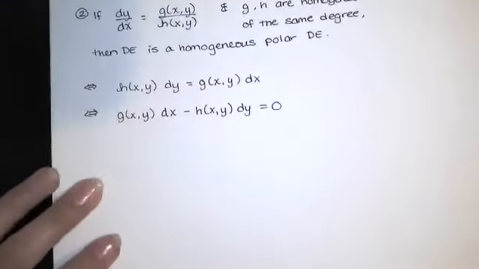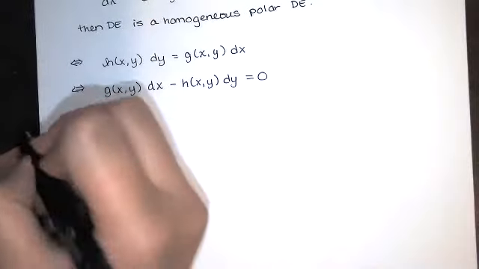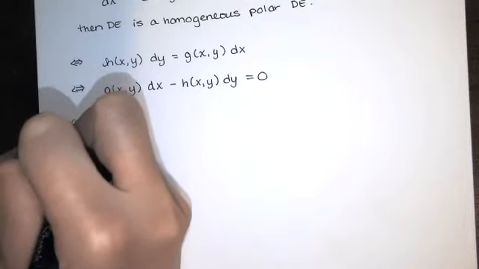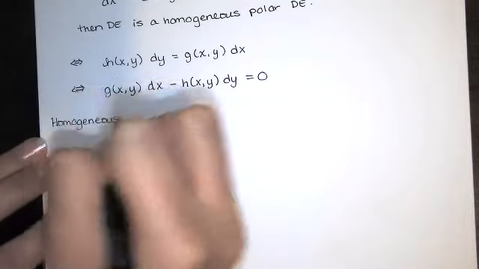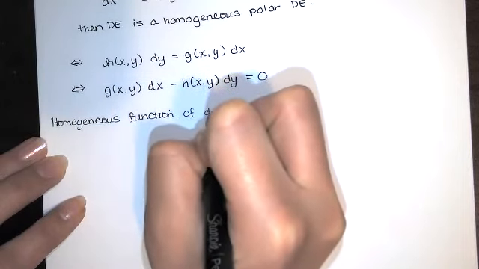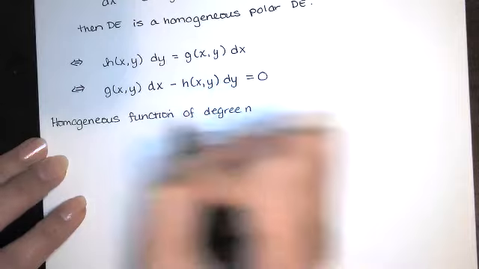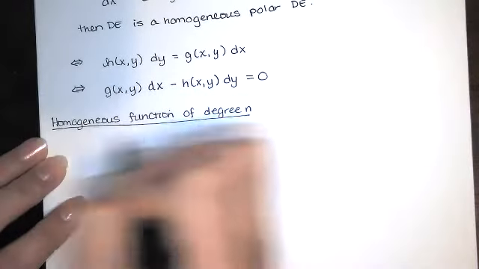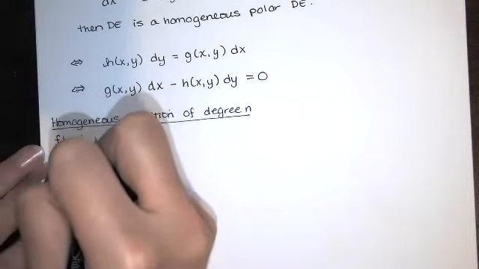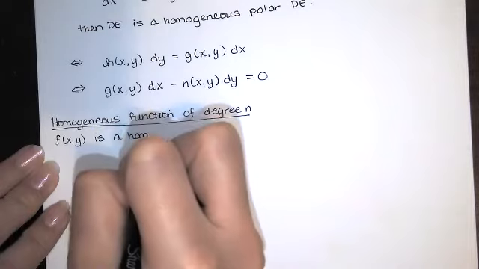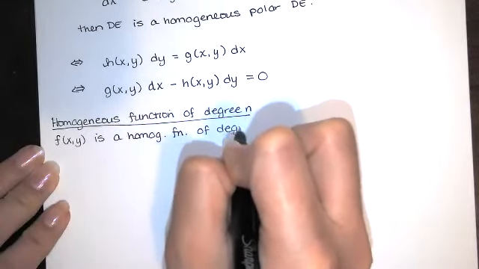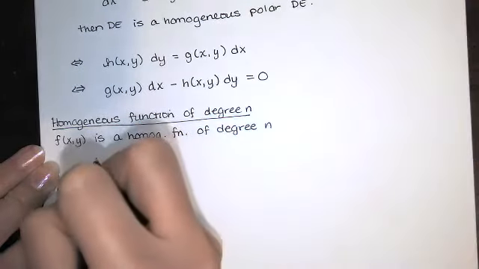So let's talk about what a homogeneous function is. We'll say that f of xy is a homogeneous function of degree n if the following is true.